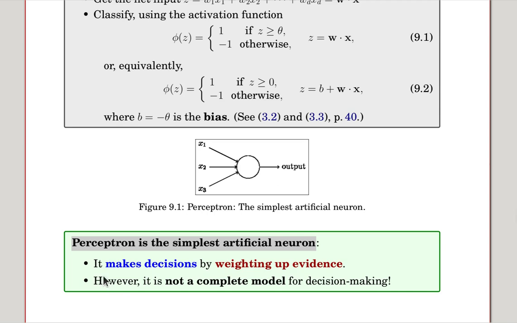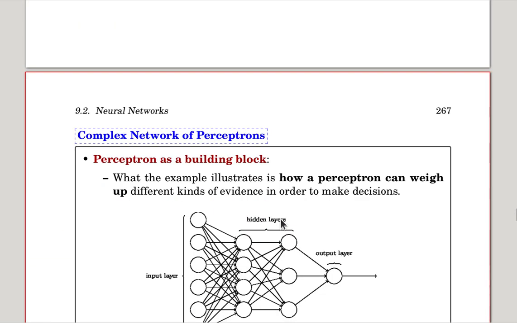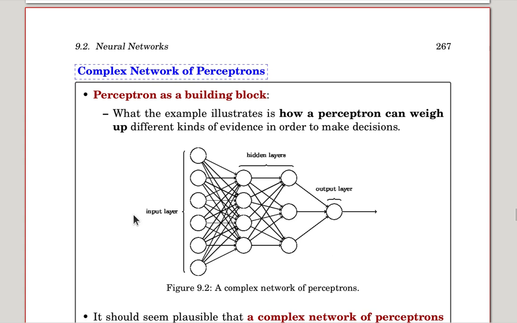It makes decisions by weighting up evidence. However, it's not a complete model for decision making. It is too simple. For complex networks, we can use the perceptron as a building block so that we can make more complicated networks.